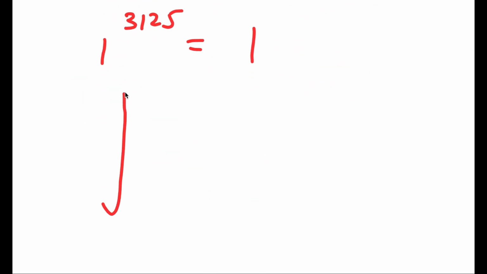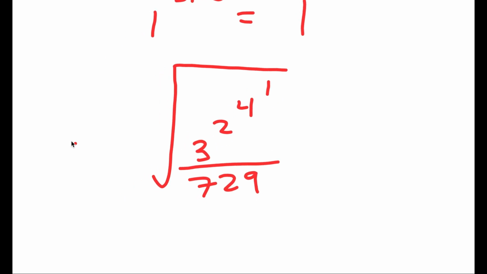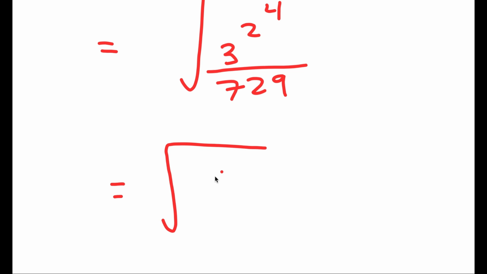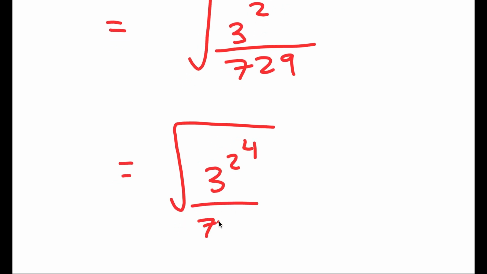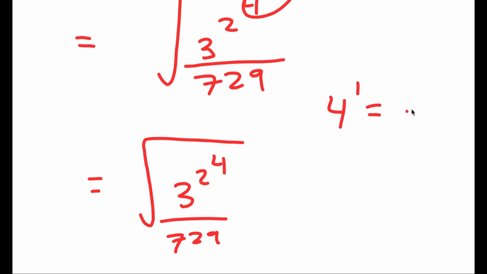So now I have the square root of 3 to the power of 2 to the power of 4 to the power of 1 all over 729. Now from here, this is equal to the square root of 3 to the power of 2 to the power of 4 over 729, because 4 to the power of 1 is simply just equal to 4.